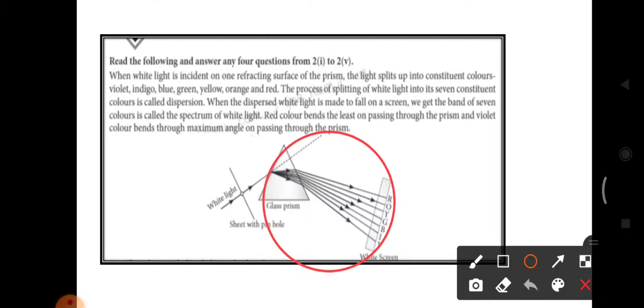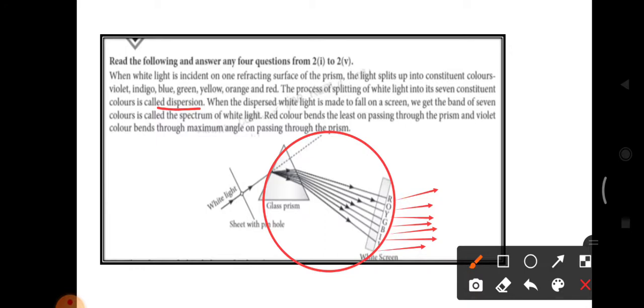The light splits up into constituent colors like violet, indigo, blue, green, yellow, orange, red. The process of splitting of white light into its 7 constituent colors is called dispersion. So here the white light is split into 7 colors.